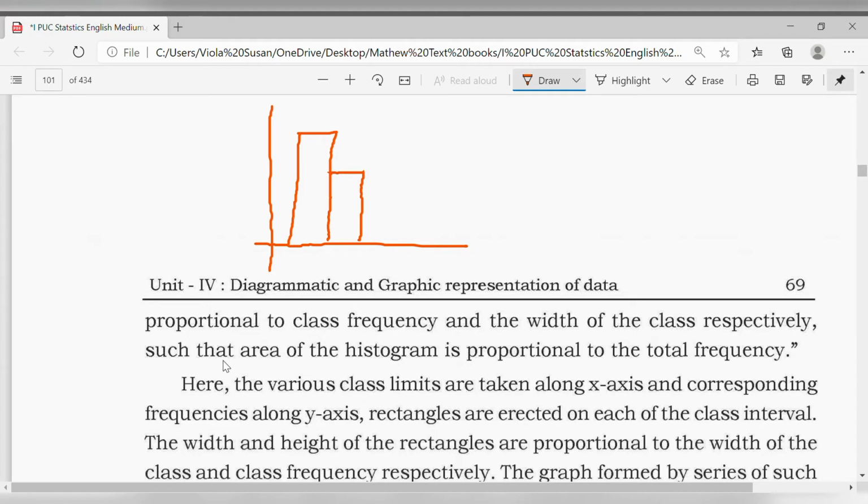They are like multiple bar diagrams, but the width will represent the class interval. Say the class interval is 10 to 20, so the width will be 10 to 20, 20 to 30. The height would be represented by the frequencies, and here it would be class intervals.